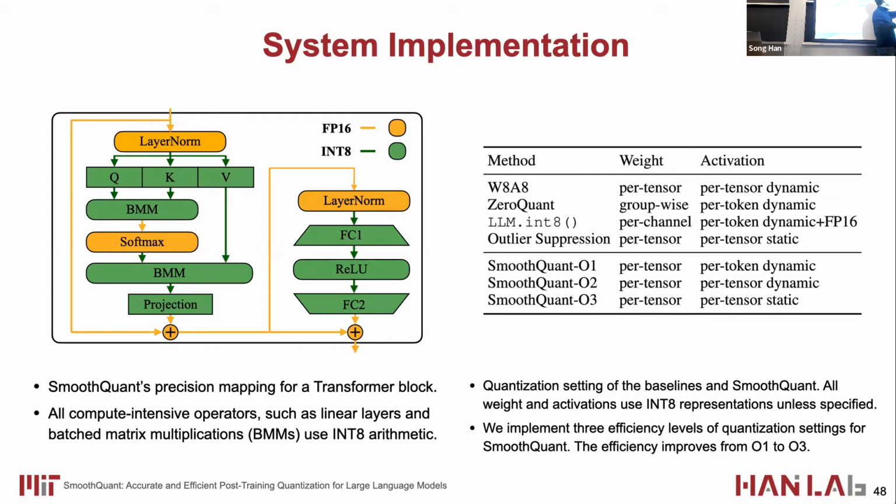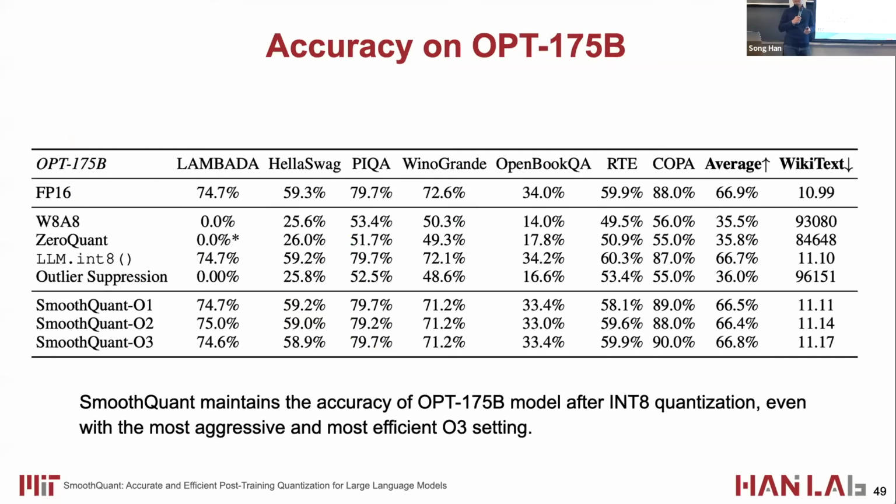Per-tensor static is the strongest optimization, where it's fastest, you can imagine, because everything is done statically at compile time, and it's per-tensor quantization, very easy to implement, but you can imagine this may have a lower accuracy. But let's see, how did we recover the accuracy using this setting?